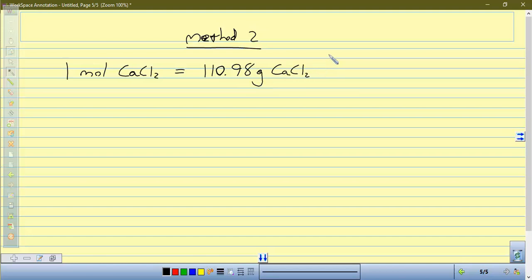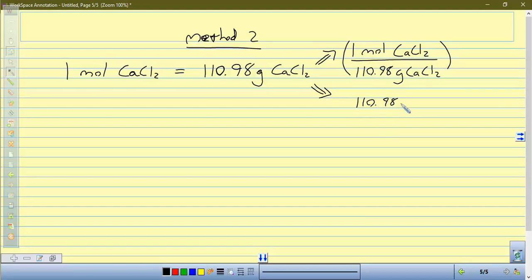I figured that out in the last page, and from that I can create 2 different conversion factors. I've got the one with the 1 mole on the top, and I've got the other one where the 1 mole is on the bottom and the grams are on the top. Now once I set up the problem, I'll be able to see which one of these is going to be most useful to me.